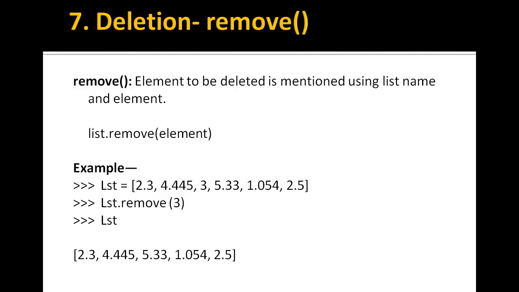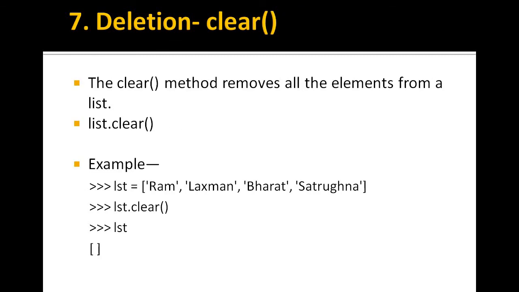Then remove method can be used to remove any of the elements from the list, and it is passed the element, the value, not index. Clear method is used to delete all the elements of a list.